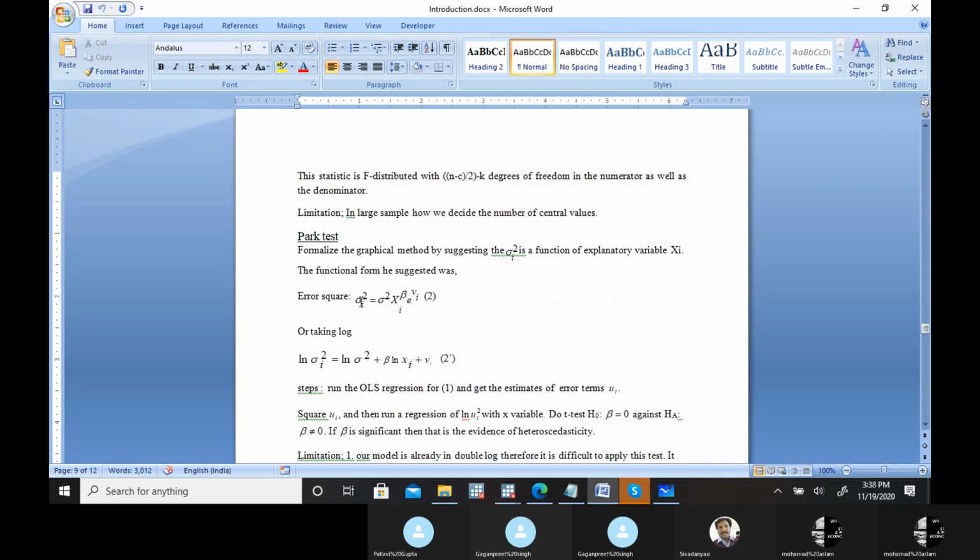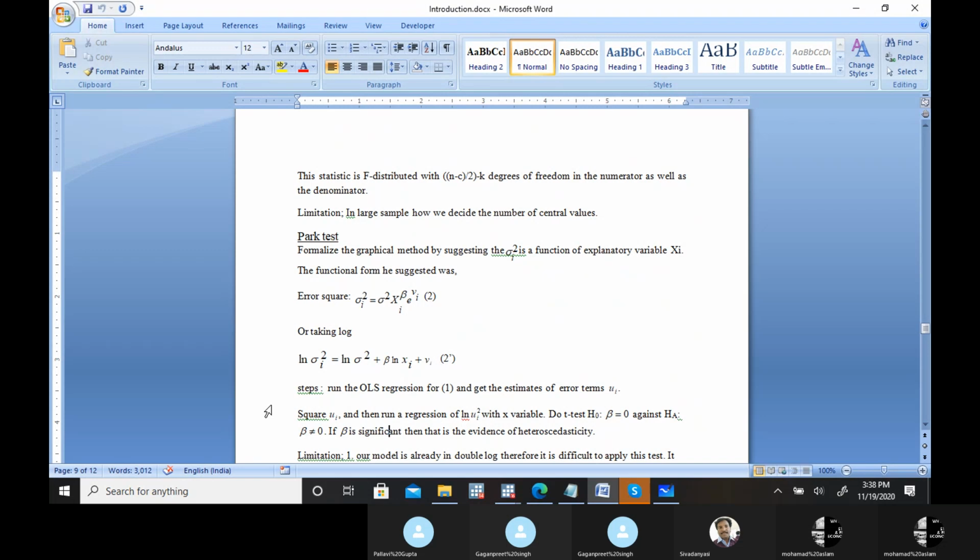The variance is changing and it has three different components. One is the random component, one is some constant component, and one component is because of change in the x variables. So to run a regression for this expression, you have to take a log on both sides, and this equation will get changed into this equation. So now you can run a regression on it and get the estimates of the error term.